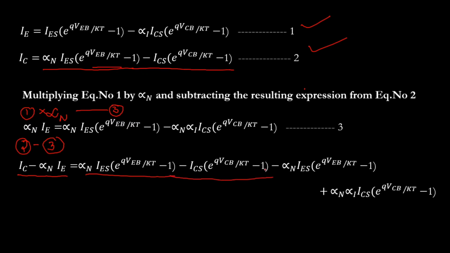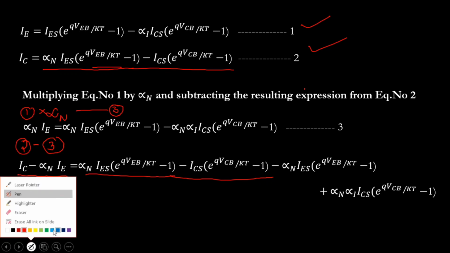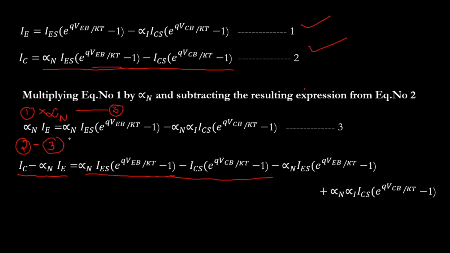Then alpha n IES and the exponential term. So this minus will become positive, no doubt in that. Alpha n, alpha I, ICS.